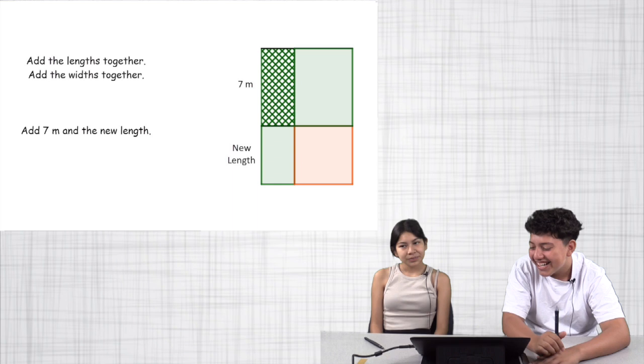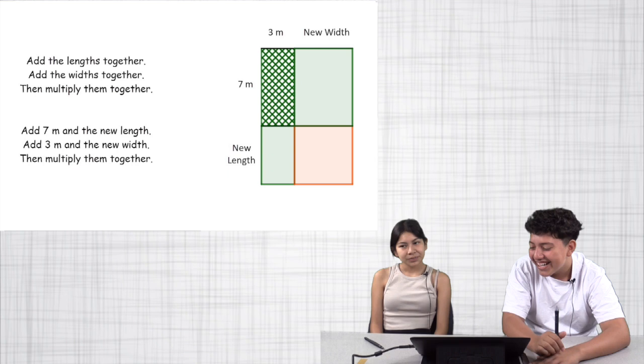Then you add the widths together. She then clarified that you add the 3 meters from Ariana's original garden and the new width. Finally, you multiply the length and width of Ariana's new garden together to give you the area.